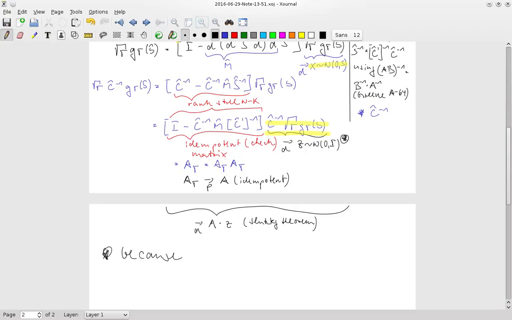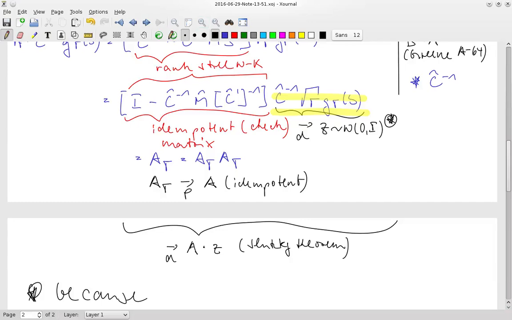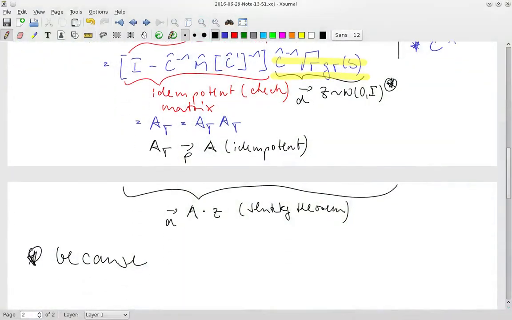This happens because of the following considerations. Remember, square root of T times g_T evaluated at b is going to converge in distribution to a normal. We invoke the central limit theorem.